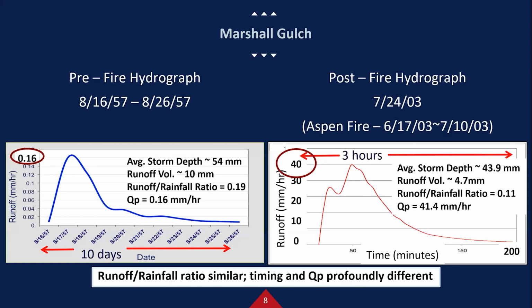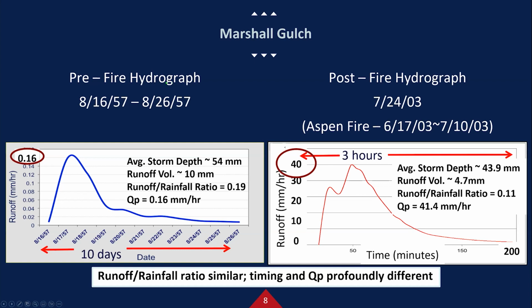So, how does this hold up under looking at some actual observed conditions? This is the Marshall Gulch watershed, which is just north of Tucson in the Catalina Mountains. They did have some very good pre-fire data.